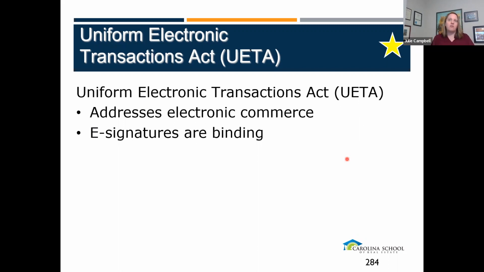They have to give you notice that you're using your electronic signature. And as long as you agree, which you did because you signed to be here, that signature is binding. Questions?